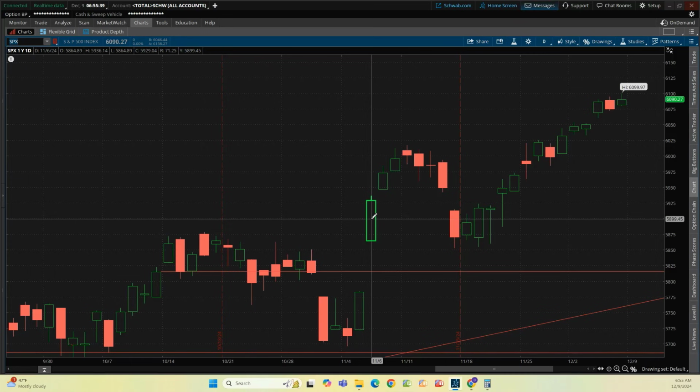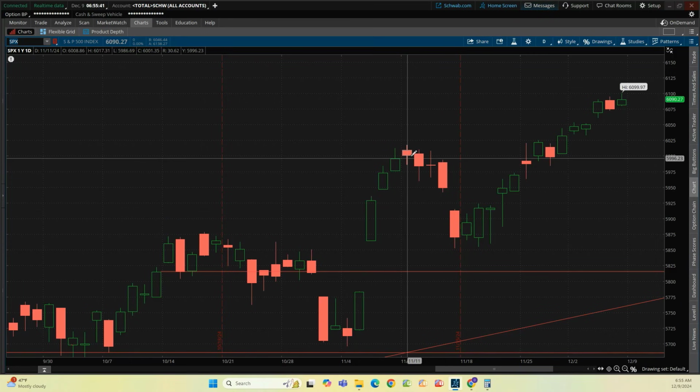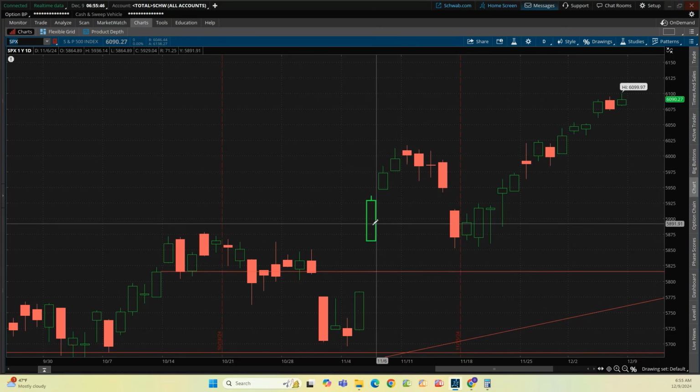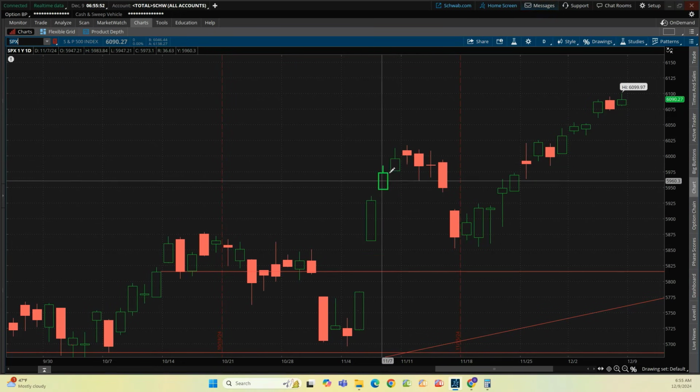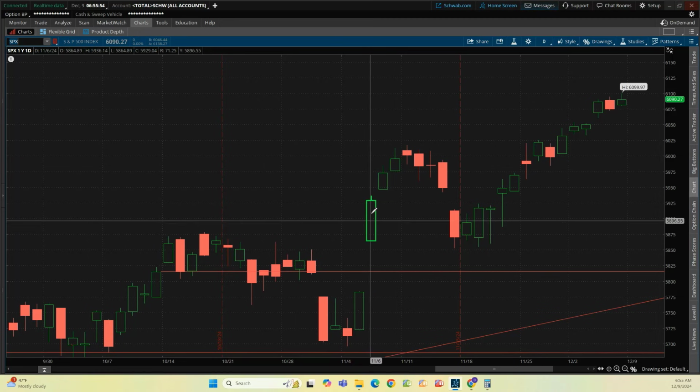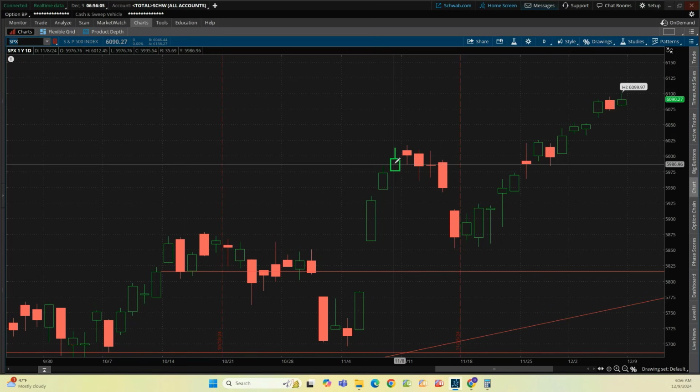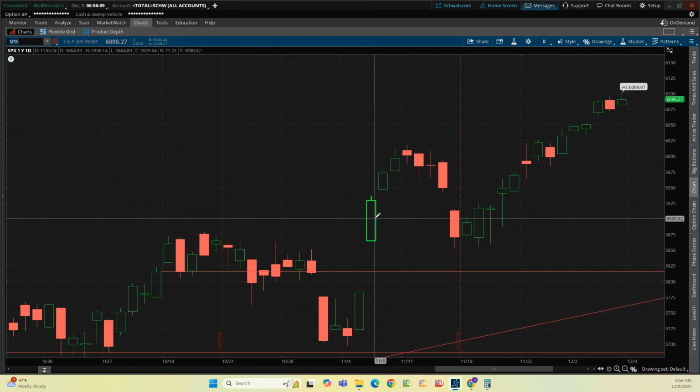In this case, unlike around 6,000, where it hesitated, at 5,900 right here it continued to move past it. So if you combine a round number with a catalyst, it can have continued momentum upward like we saw when it took out 5,900.